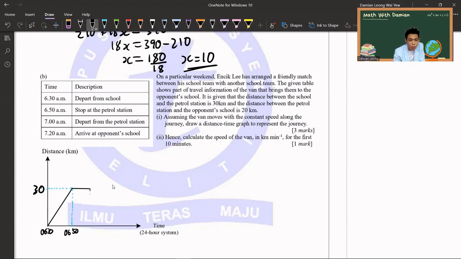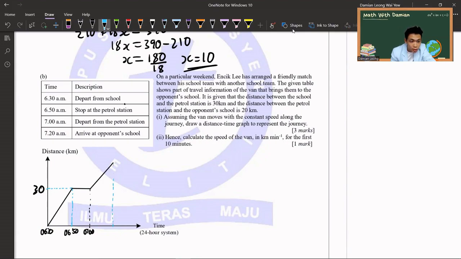So until 7 o'clock, only then it starts moving again, going to the opponent school, which is away by 20 km in another 20 minutes.